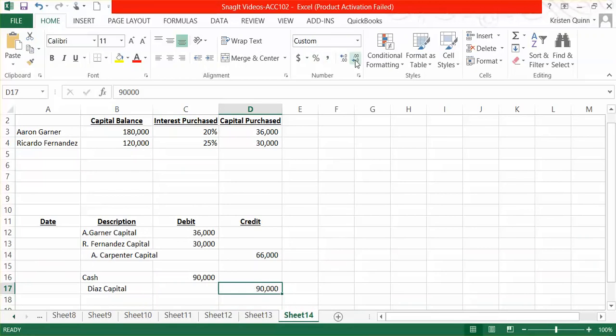Diaz has contributed assets to the business. So the assets of the business in total increase, and Diaz's capital happens to increase by the same amount. Because what Diaz is giving equals what she is getting, there is no partner bonus for Diaz's contribution.